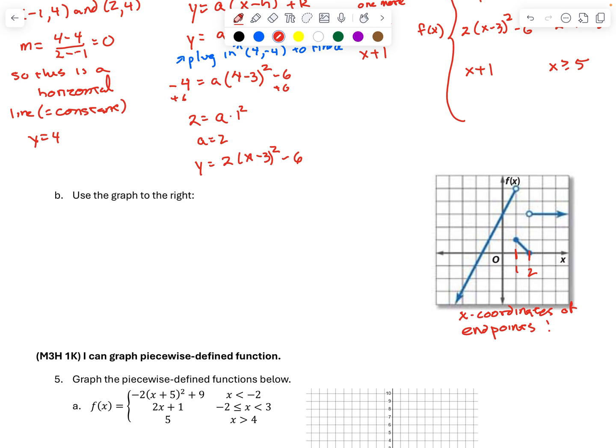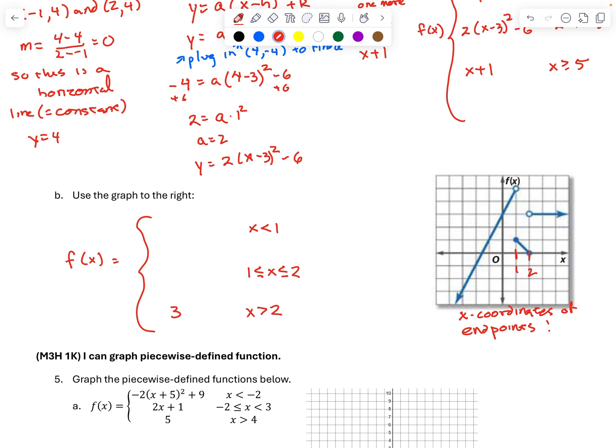Okay, so the first function, let me just do it this way. Leave this space and then say x less than 1, and then between 1 and 2, and then to the right of 2. I got 3 separate chunks. The third chunk is easy. It's just at a constant height of 3.